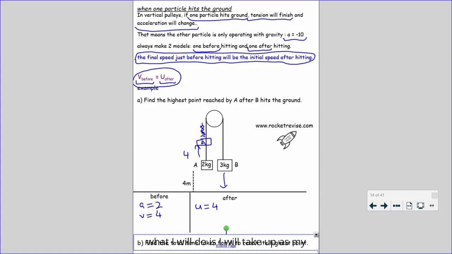So what I will do is I will take up as my positive direction. Okay, now your acceleration will change, right? Because now the string is slack and you only have gravity. Now gravity is 10, but because you've taken upwards as positive, a will be minus 10 because gravity always acts downwards.